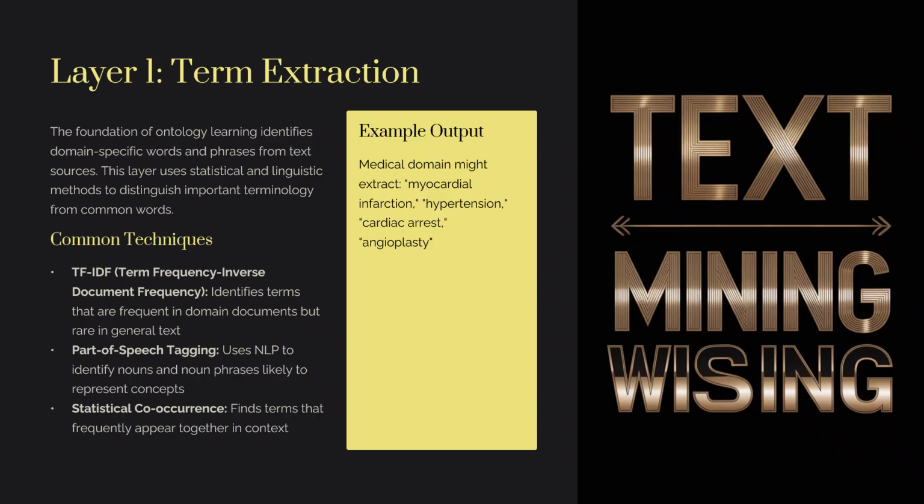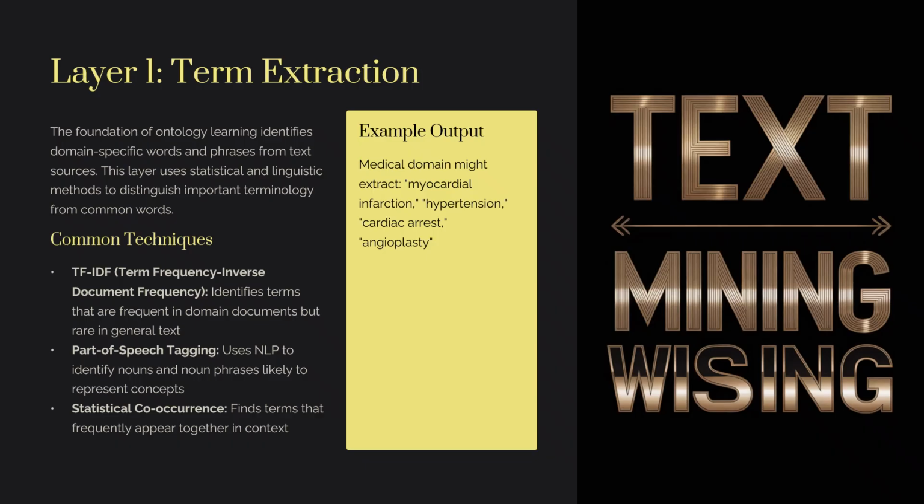It identifies terms that appear frequently in domain specific documents but are less common in general language. Another technique is part of speech tagging, which uses NLP to identify nouns and noun phrases that are likely to represent concepts. The third technique is statistical co-occurrence analysis, which identifies words that frequently appear together within the same context.